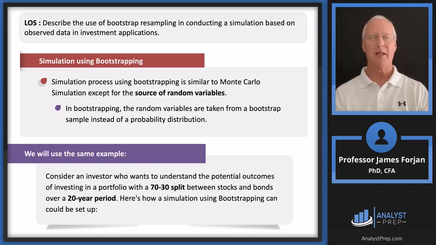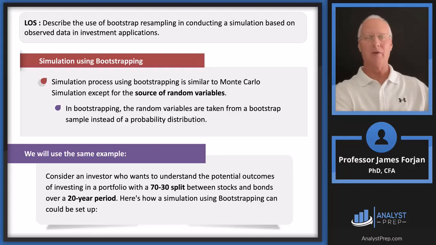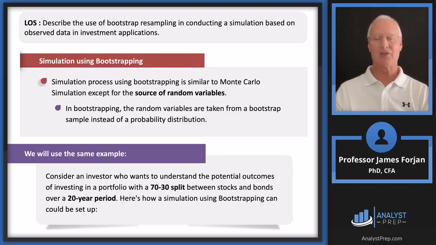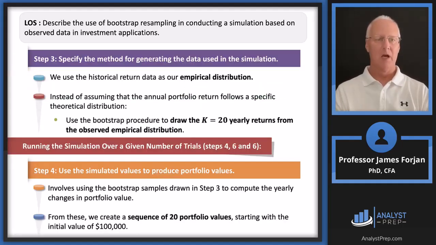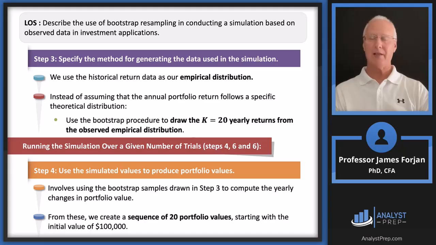All right, the simulation process using bootstrapping is similar. So that's the key word, right? That's what we're doing. What's the difference? The difference is that we're just taking actual historical returns for bonds or stocks or goalies or soccer players. So what are we doing? Same thing, step one, same thing, step two, same thing in step three, except we're using what the Institute calls the empirical, the actual historical distribution.